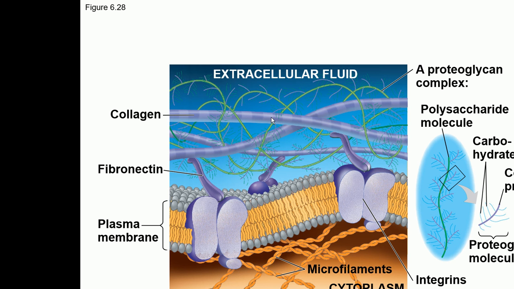Outside the plasma membrane, this whole region is called the extracellular space. In this space, a lot of glycoproteins like collagen and fibronectin are secreted, and all these proteins in the ECM interact with the integrins, which are the receptor proteins embedded in the plasma membrane.